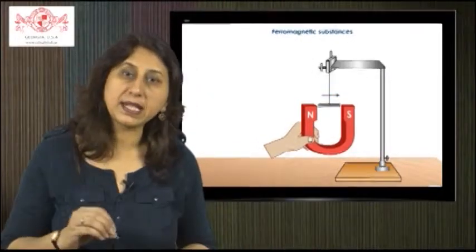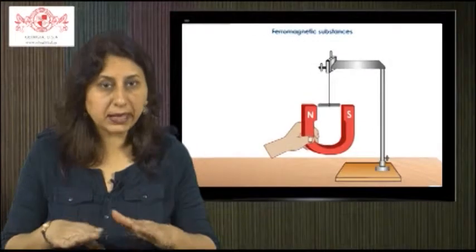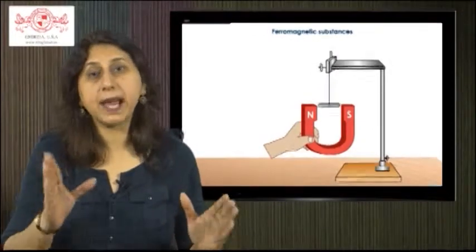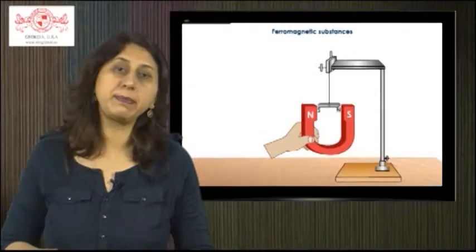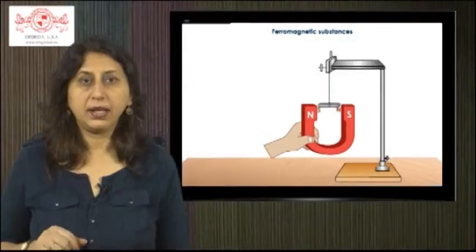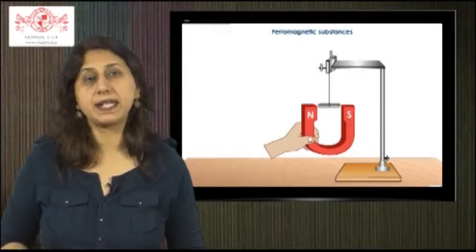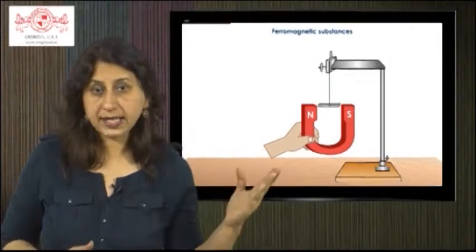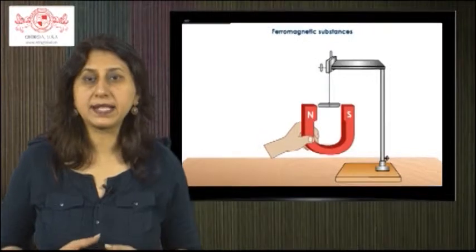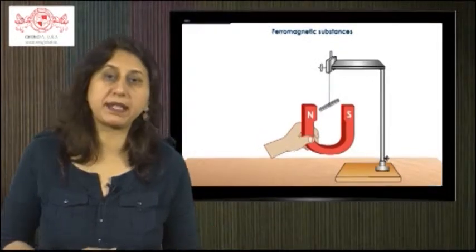A ferromagnetic substance, when placed in a magnetic field, is strongly magnetized in the direction of the magnetizing field. Again, temperature has an adverse effect on a ferromagnetic substance. Due to rise in temperature, a ferromagnetic substance tends to lose its magnetism.